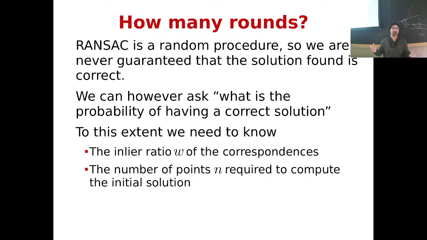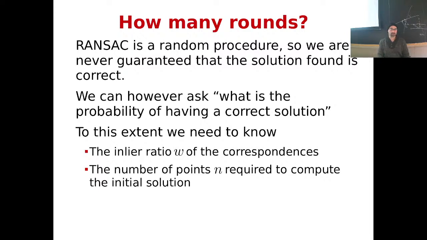It depends on the structure of the problem, meaning it depends on the inlier ratio, and on the minimum number of points required to calculate the solution. So the question we are answering now is how many rounds do I need to run RANSAC on this specific problem in order to have a correct solution with probability at least x. Is that clear? This is the problem that we want to answer now.